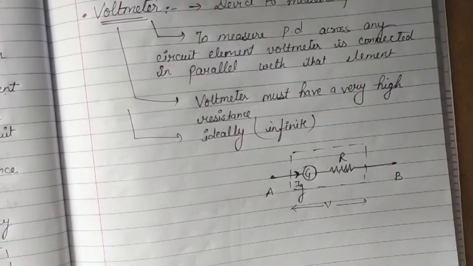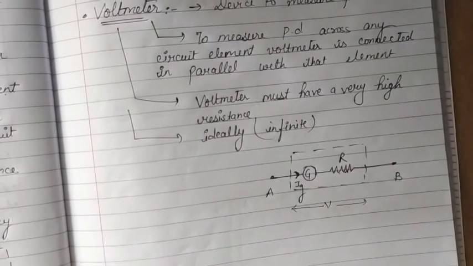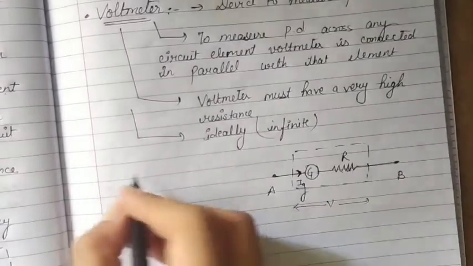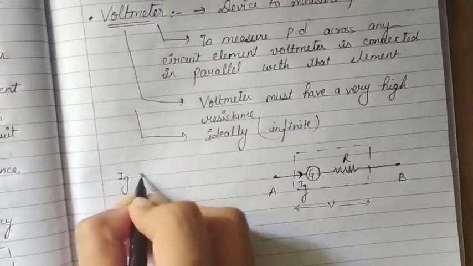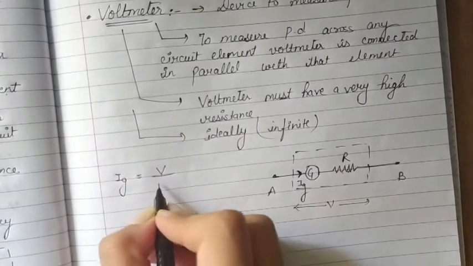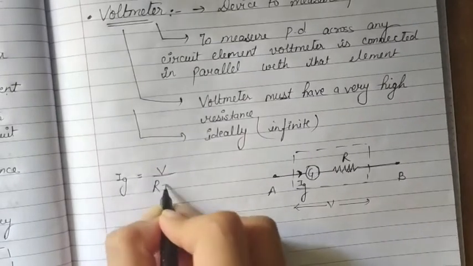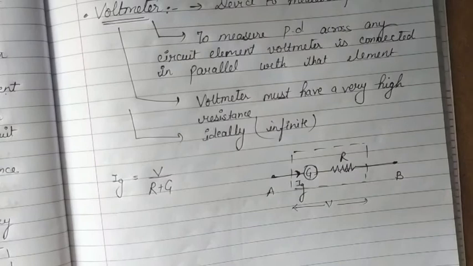By using Ohm's law, we know that I is equal to V upon R. Here in this system, current is Ig, voltage is V, and the net resistance is R plus G, because R is connected in series with the galvanometer.